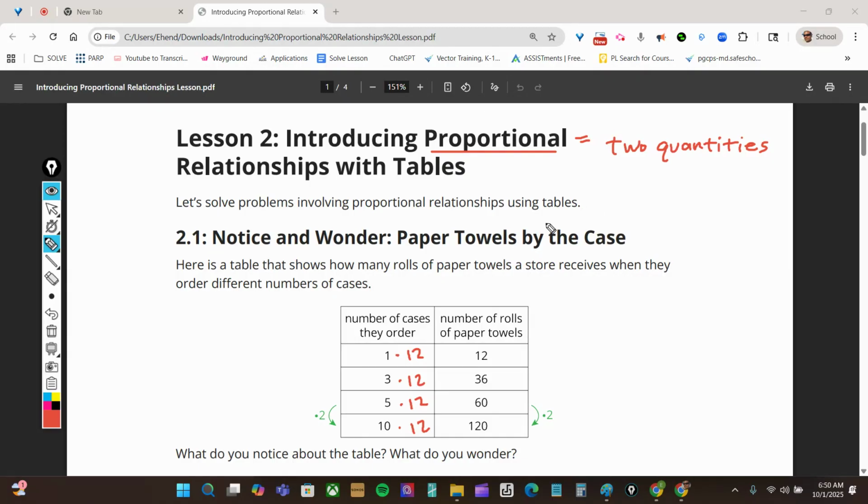In this case, we're comparing cases and rolls of paper towels. Those are the two quantities. Two quantities are proportional if one is always constant to the other.